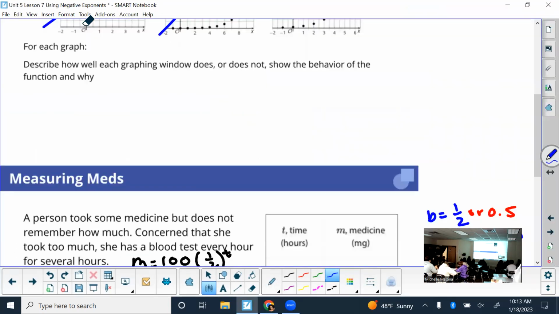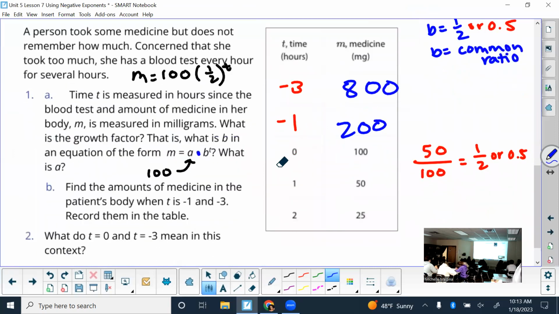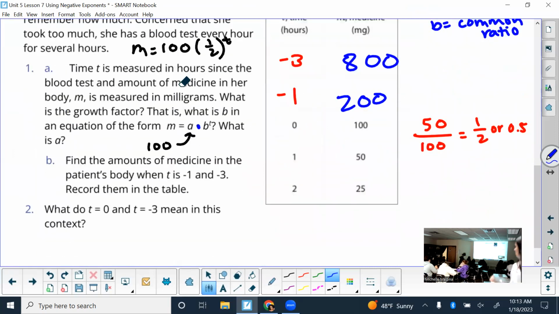So then now just interpret it. That's the goal for today. So knowing how to make the equation, I think we've got that. And then interpreting the meaning. So when t is 0, what does that mean?